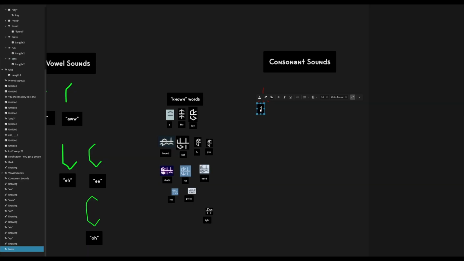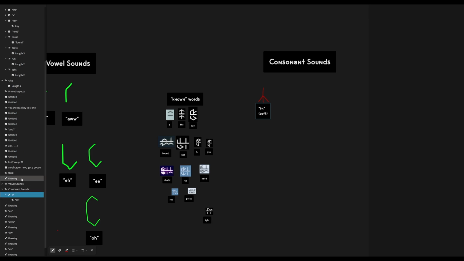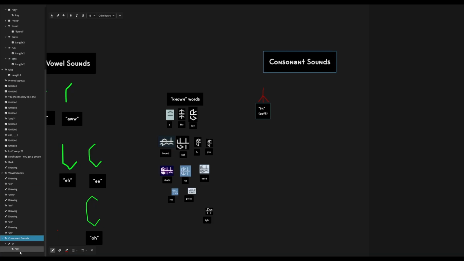This is the. Got it. Nailed it. Pair this with this. TH, and that goes under consonant sounds. I'm going to bring this down all the way to the bottom.